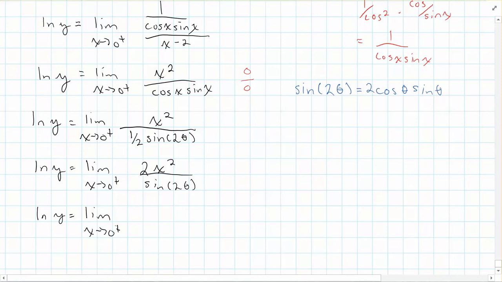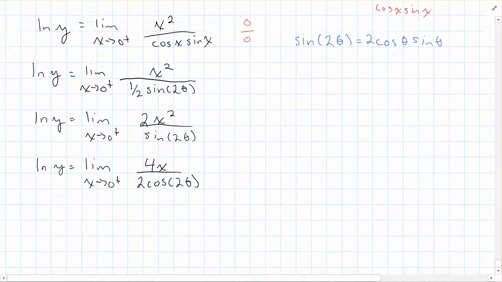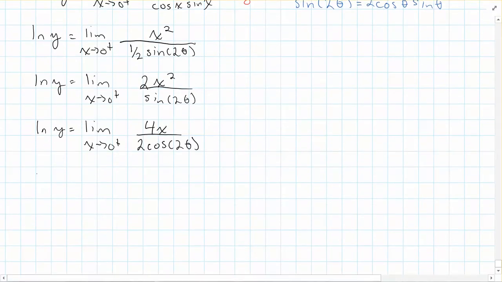Now I'm going to apply L'Hopital's rule, so I get 4x over 2 cosine of 2 theta. And believe it or not, I can finally plug in 0. I started writing these as thetas. These should be x's. Don't know why I wrote those as thetas.